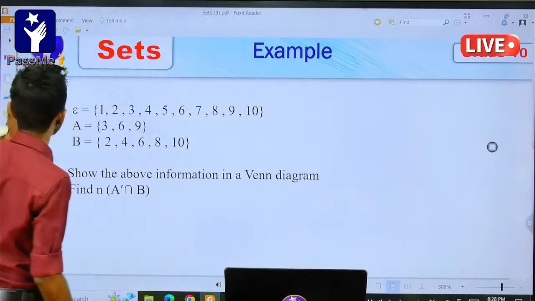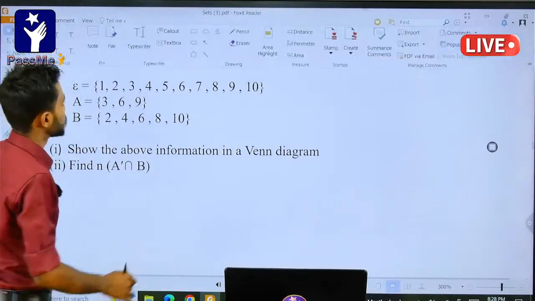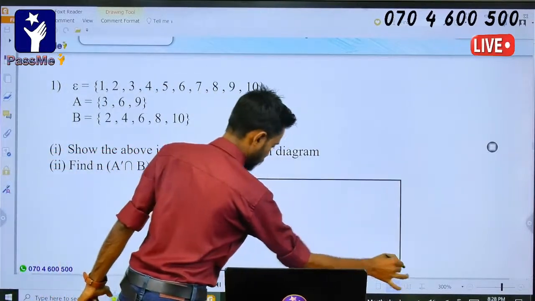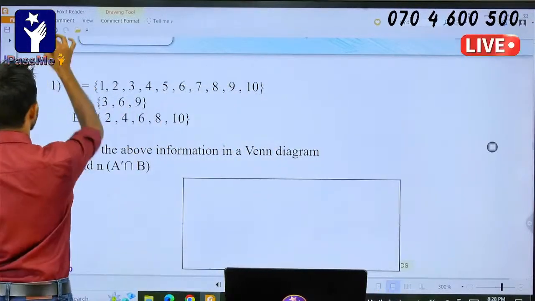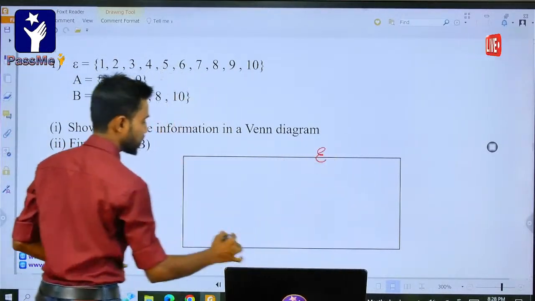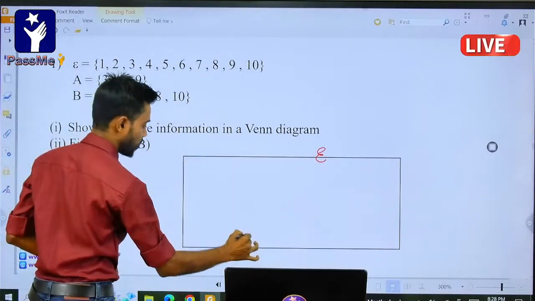I will do this one like this. I will use a rectangle box here to represent the universal set epsilon, and there are two circles like this.